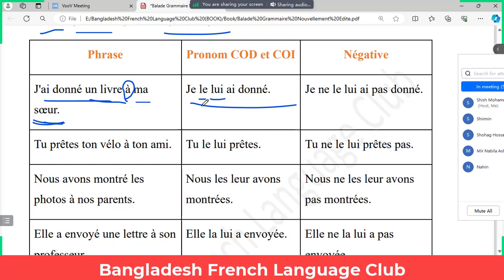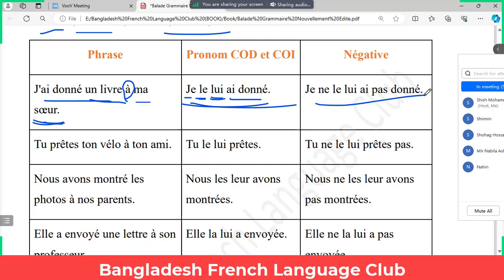If we translate it, the original is j'ai donné un livre à ma sœur, I gave a book to my sister. Now we are saying I gave it to her.